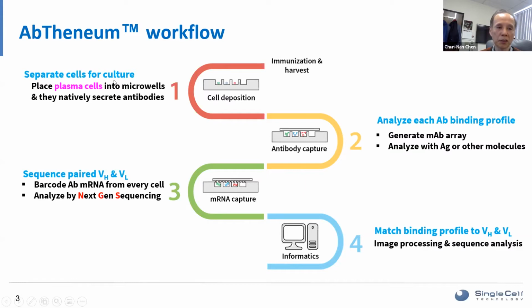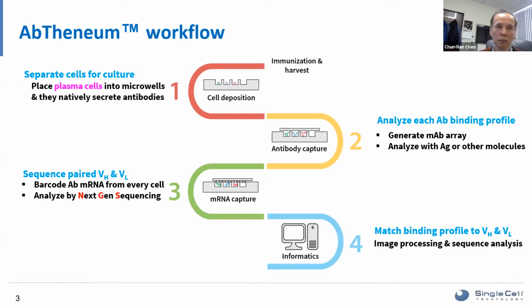And then to recap, we separate the cells to culture and we capture their antibodies into the arrays. So we can actually analyze them offline of this workflow here. So the rest can go on and we can actually capture the mRNA from that without worrying about the well-being of these cells.